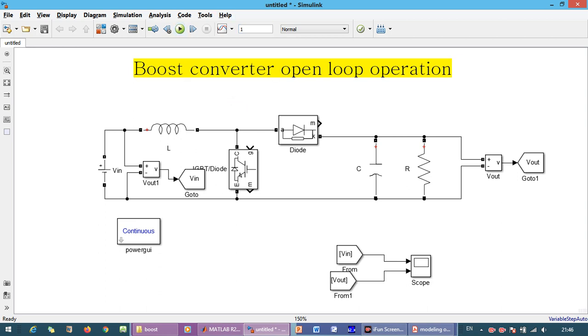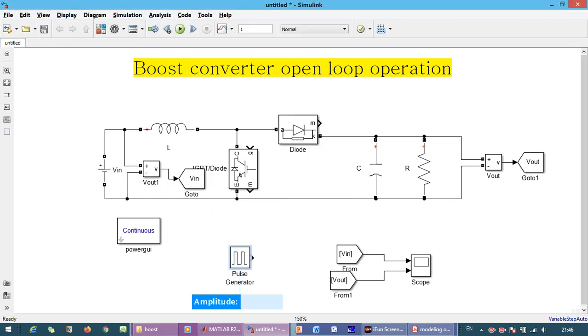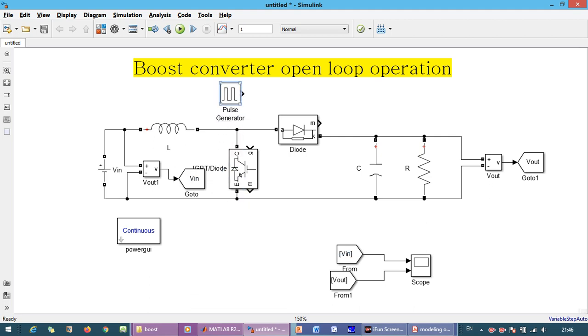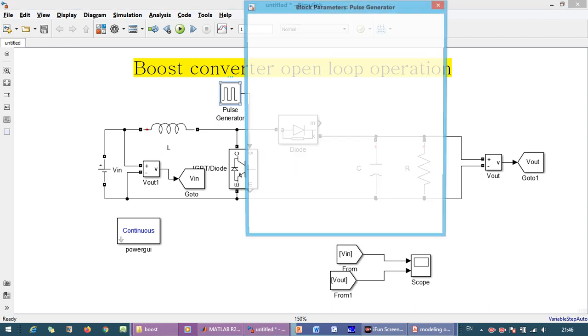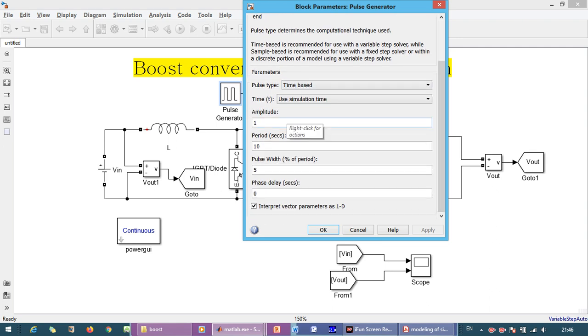Okay, now we need the pulse generator. As it is open loop, we have to create the PWM pulses to trigger the IGBT, to turn on and turn off the IGBT. So how can we give the pulse with the help of the pulse generator? This block consists of the amplitude, the period, the pulse width, and the phase delay. The amplitude of the pulse will be 1 and 0, and the period is in seconds.